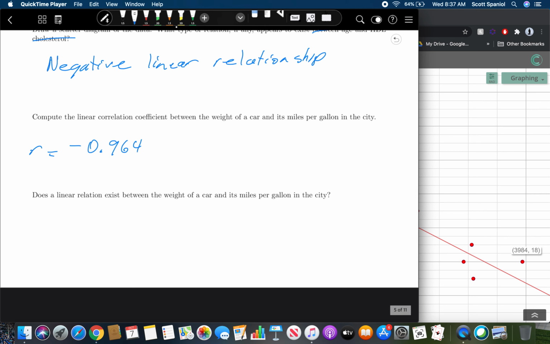Does a linear relationship exist between the weight of the car and miles per gallon in the city? Yes, because negative 0.964 is very close to negative 1. So that's the idea.